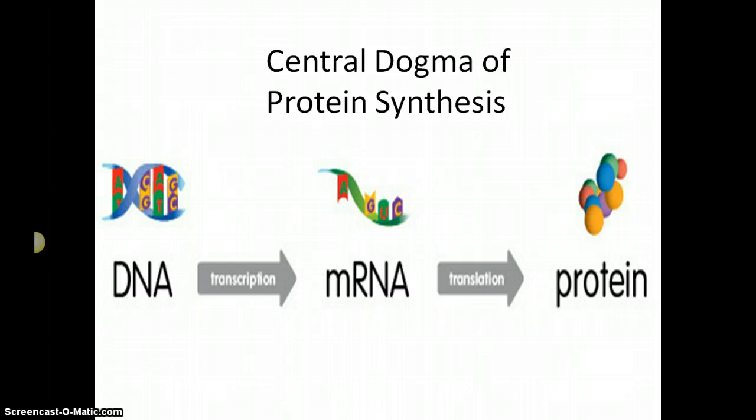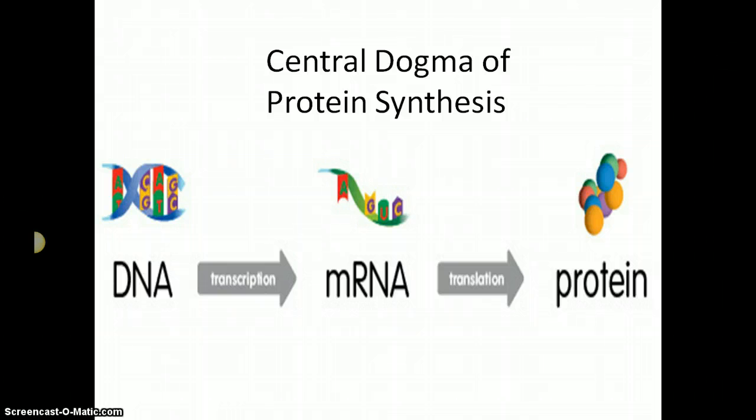And there's a process called transcription that allows us to take that DNA and create mRNA out of it. And that mRNA is then taken from the nucleus to the ribosome. And this, through a process called translation, this creates a protein.